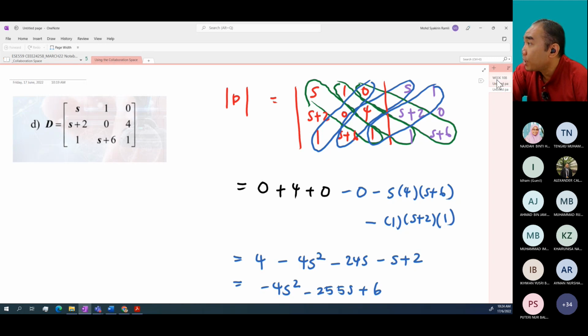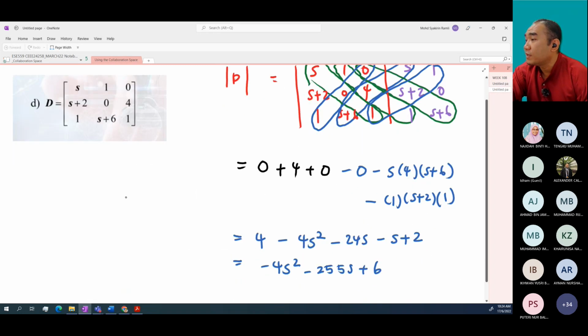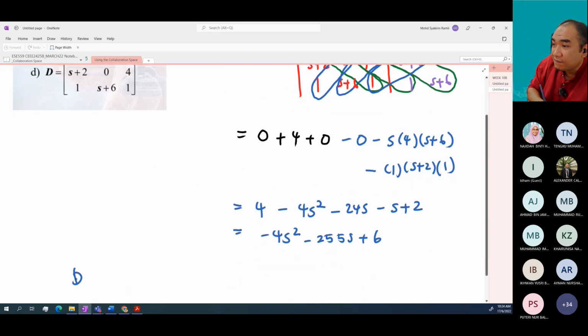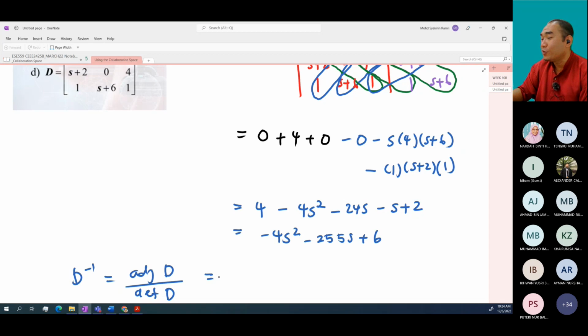You have the adjoint of the matrix D. And then you can compute for the inverse of the matrix D, whereby D inverse is simply equal to adjoint of D divided by the determinant of D, which I will not write it here lah because it will take a lot of space. Tapi kalau you dalam test, you dalam exam, kalau soalan 3x3, you have to do it lah.